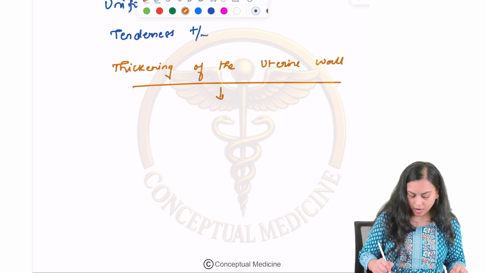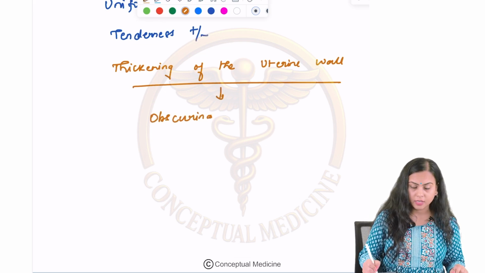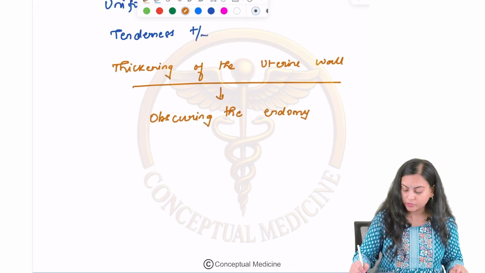Okay, and it will be obscuring the endomyometrial junction.